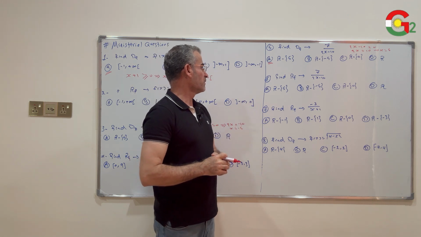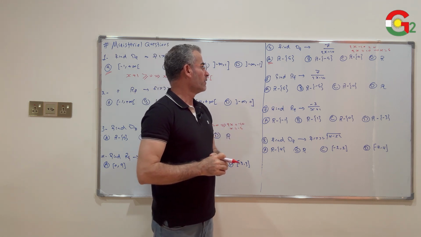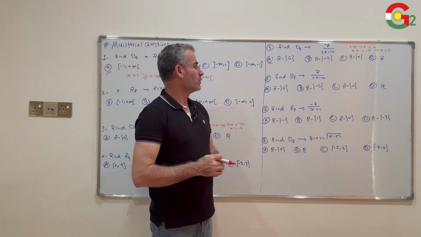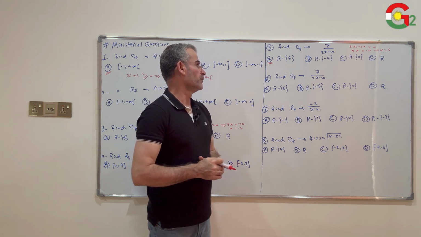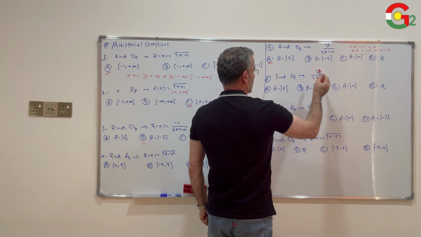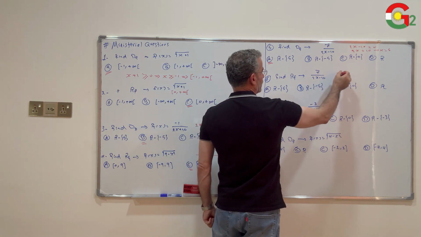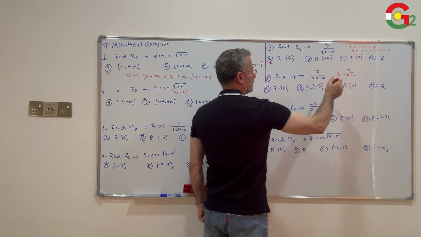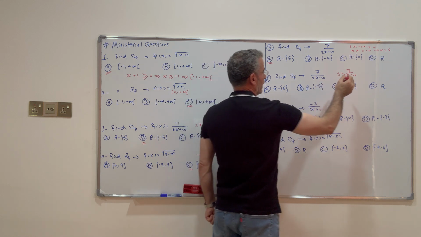Question number 6, find the range of the function f where f of x equals 7 over 2x minus 10. To find the range of this function, I set y equals 7 over 2x minus 10 and solve for x.